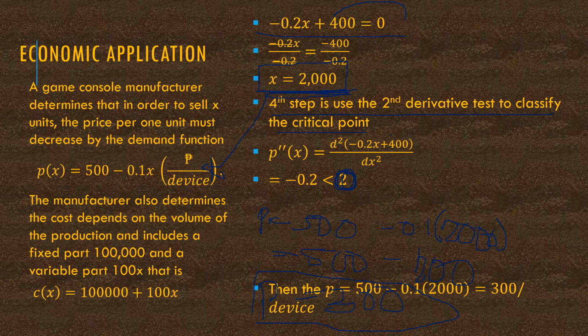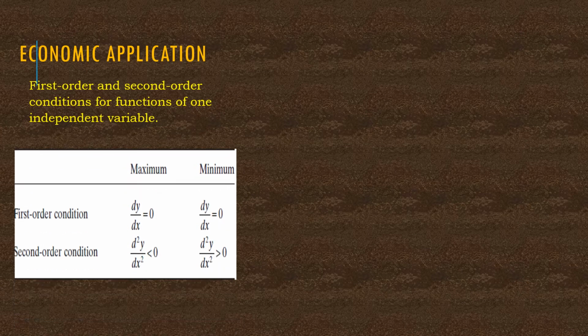Okay? Ganyan. So, remember to sum it up. In economic application, the first order and second order conditions for functions of one independent variable will always be like this. Okay, the first order condition is this one, wherein the first derivative will be equivalent to 0.